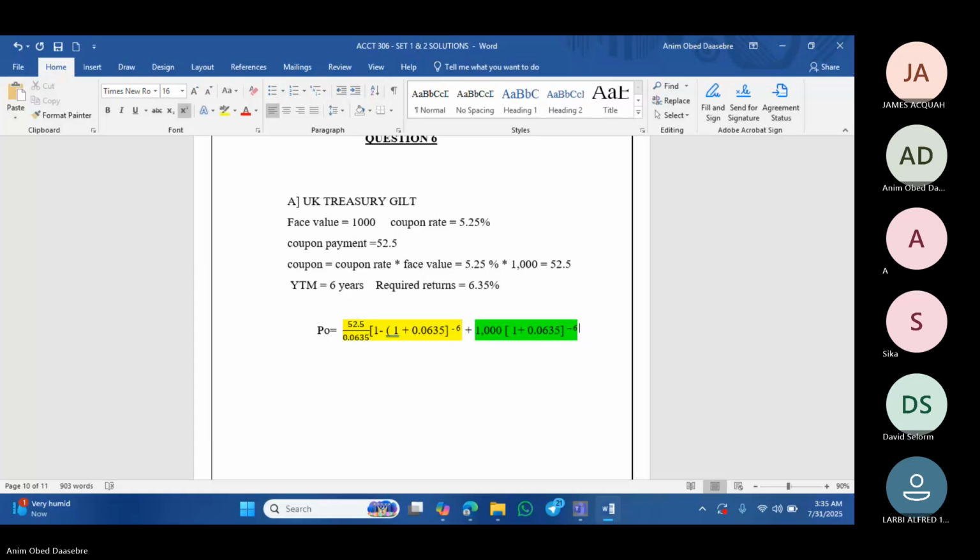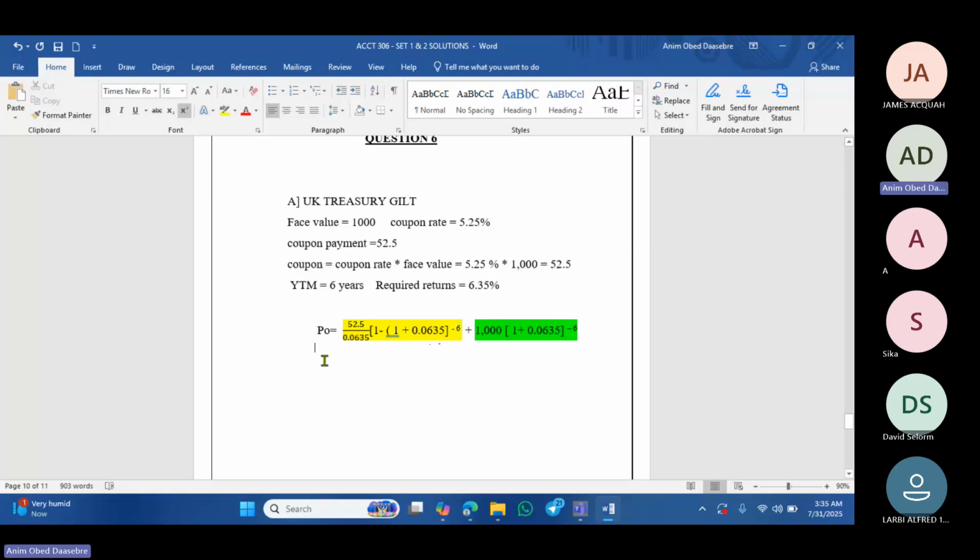Please, why are we using these formulas, as in finding the present values?